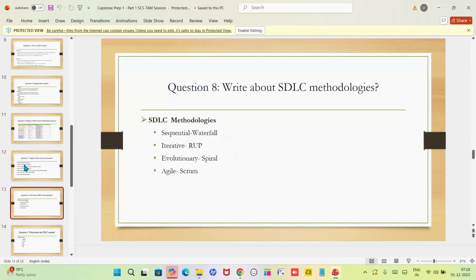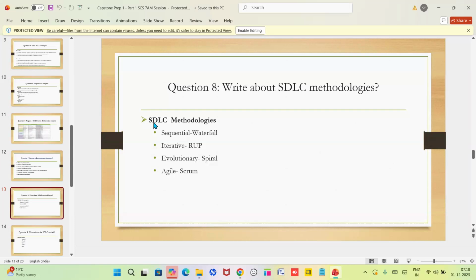And coming to SDLC, first we need to go through the software development life cycle. In this software development life cycle, we need to know where we are using SDLC, and we need to know what a methodology is, the SDLC methodologies and models, and what the types of methodologies are.